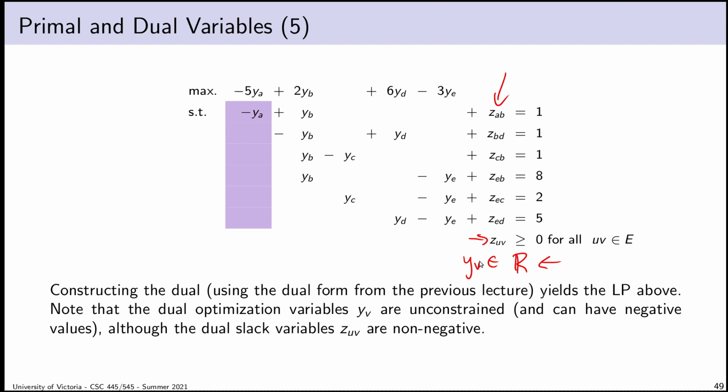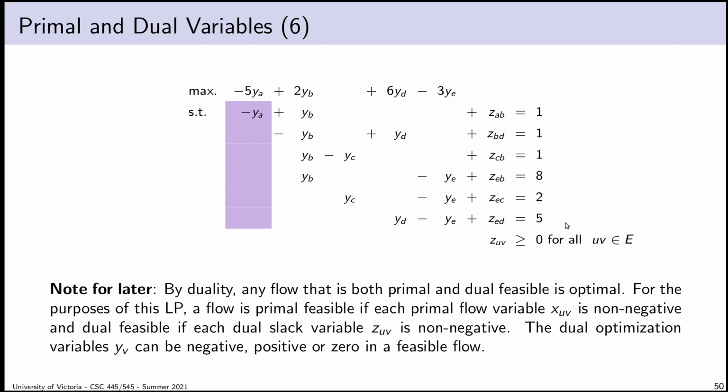Just to be clear, in a feasible solution, all I require is that the z's and the x's be non-negative. The y's can be negative as long as all the constraints are still met. One note for later is that when we eventually get to talking about optimal solutions, we know from duality that an optimal solution is any solution that is both primal and dual feasible.